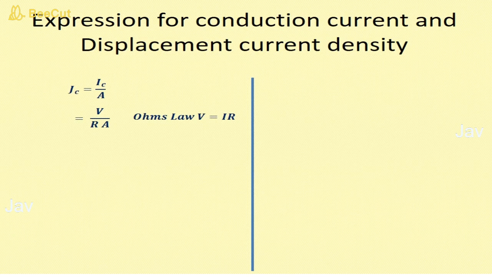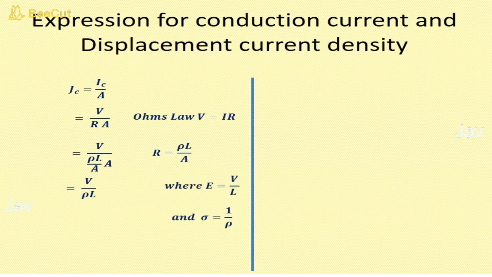But R equal to rho L by A. Substituting the value of R and cancelling A, we get V divided by rho L. But E equal to V by L and sigma equal to 1 by rho. Therefore, the expression for current density becomes sigma E.